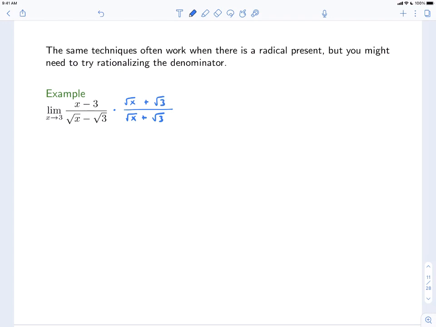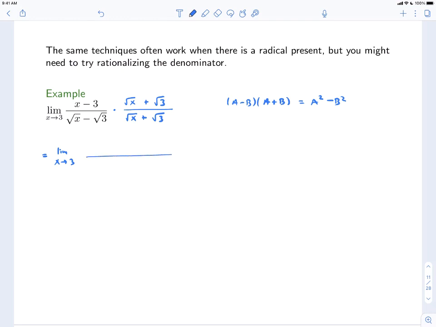Now, why will this help? This will be equal to the limit as x approaches 3. In the denominator, we have something that looks like a minus b times a plus b. So this will be the difference of squares, a squared minus b squared. And that's what the denominator will look like.